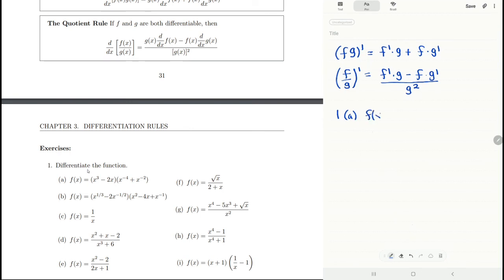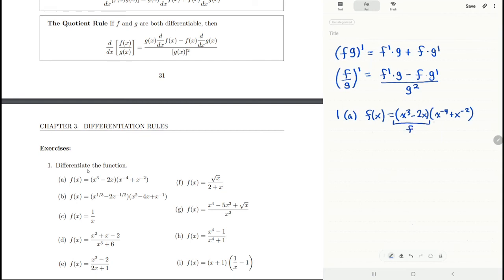For the first example, we have x cubed minus 2x times x to the negative 4 plus x to the negative 2. Here we can look at the first set of brackets as one function. We'll call this f.